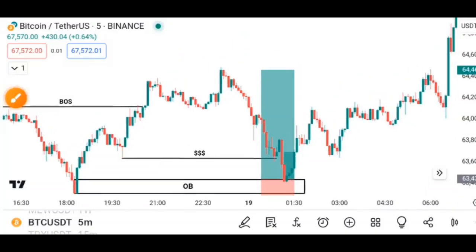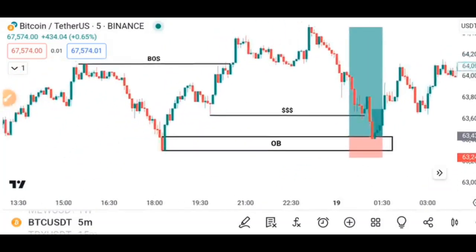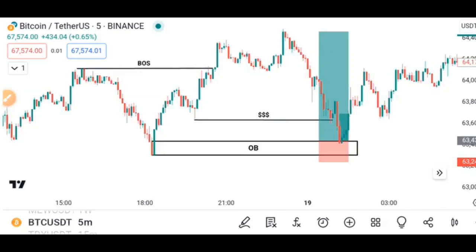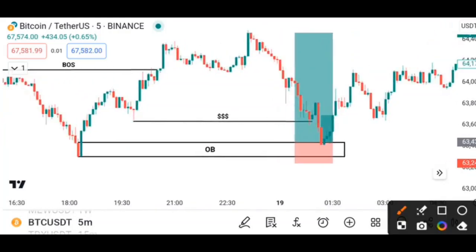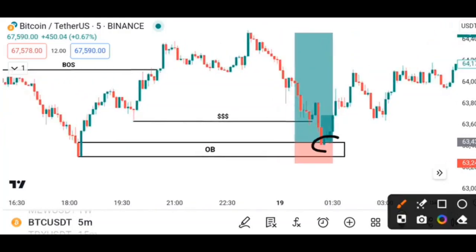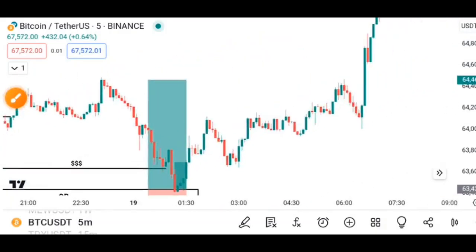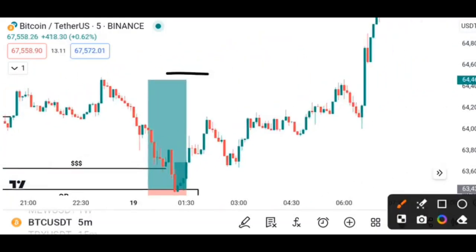Wow, this is massive. And if you watch, can you see how the price beautifully came to this order block, tapped it and started moving in profit. And after a few candles, full TP smashed. Pretty simple and extremely easy, right?